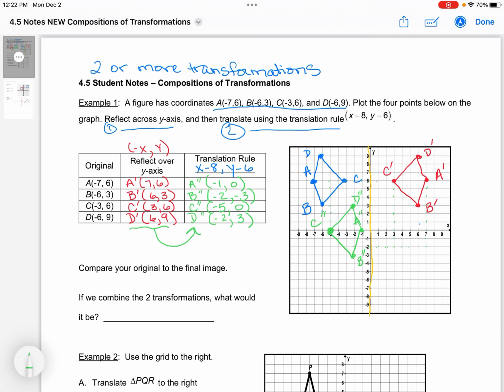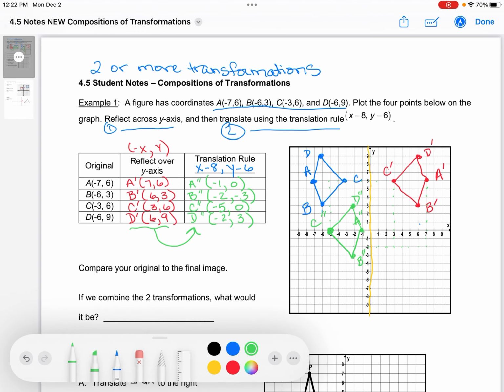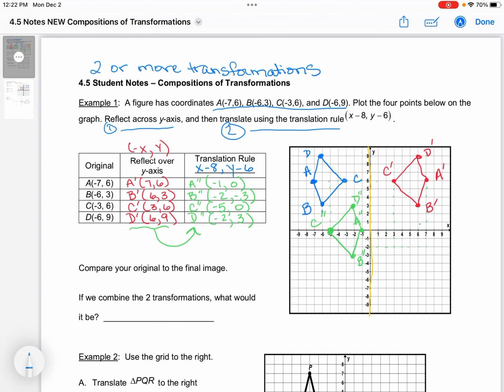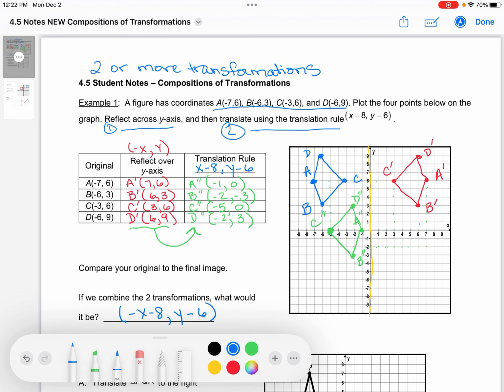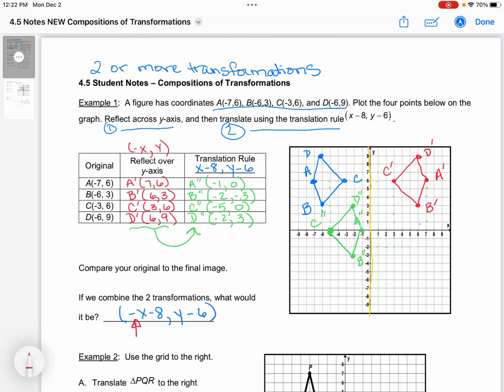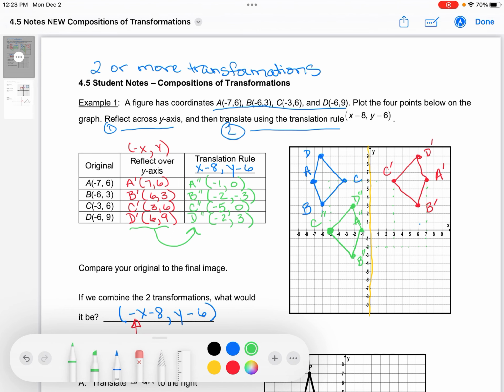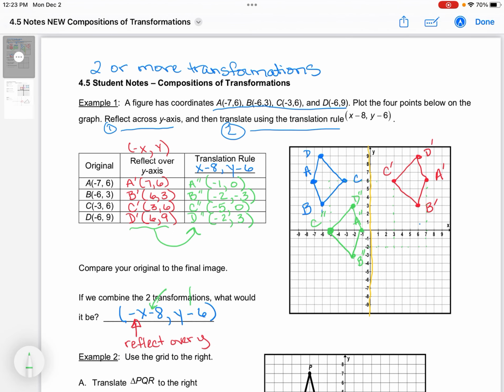Okay. Phew. All right. So if you combine the two transformations, the way you would write it would be negative x minus 8 and y minus 6, because this would tell you reflect, and then this would tell you to translate.